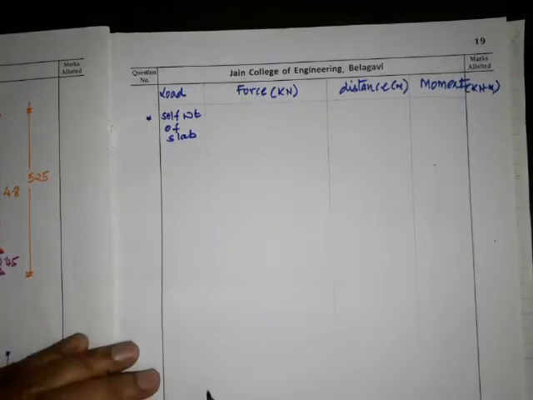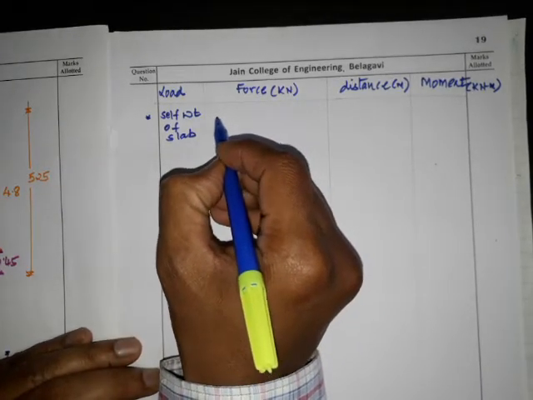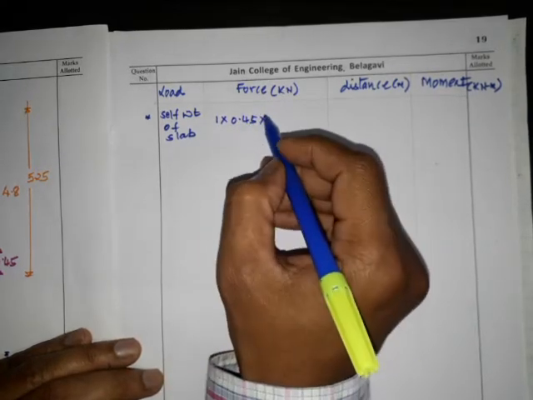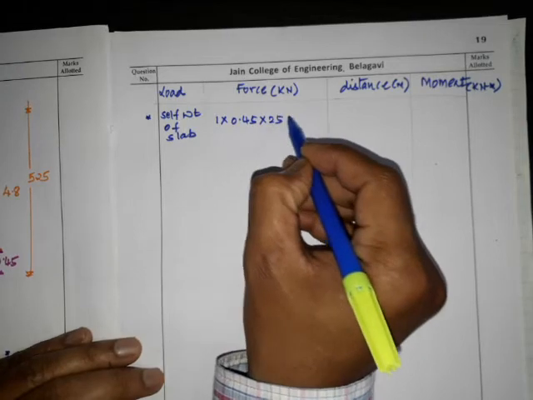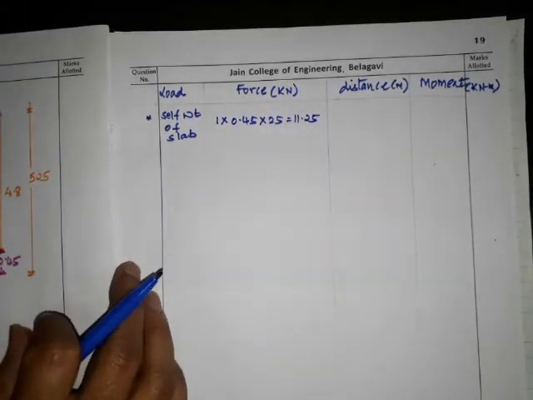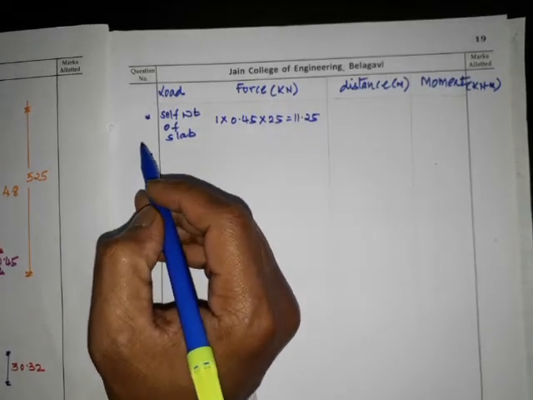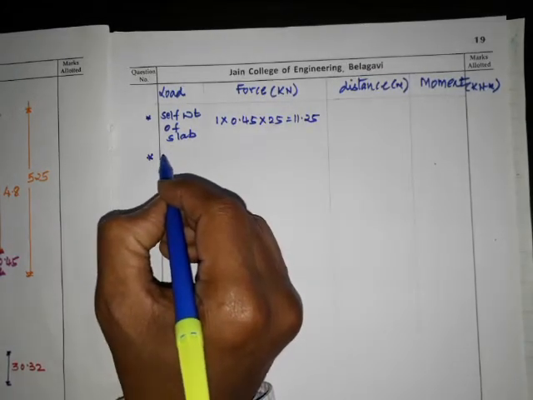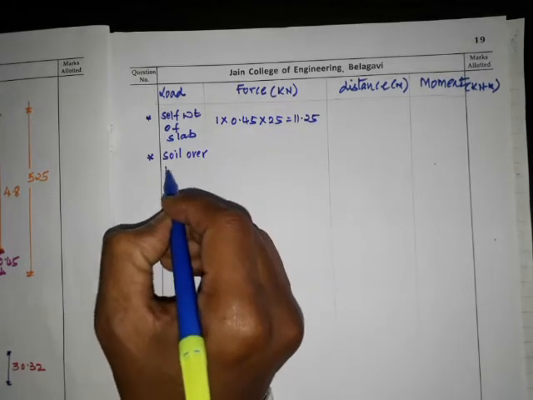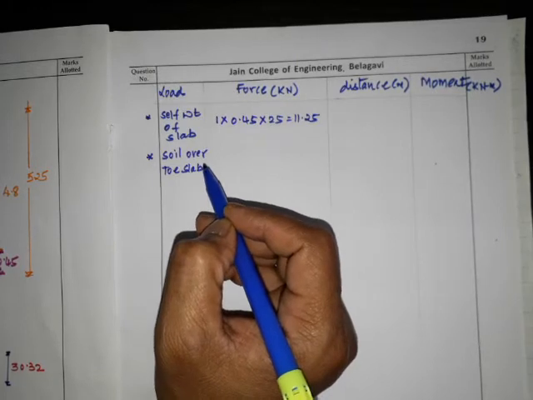So the load, the self weight, is 1 meter by 0.45 by 25. So we'll get this as 11.25 kilonewton. Then next is soil over toe slab. If you want, you can neglect this also, soil over toe slab.